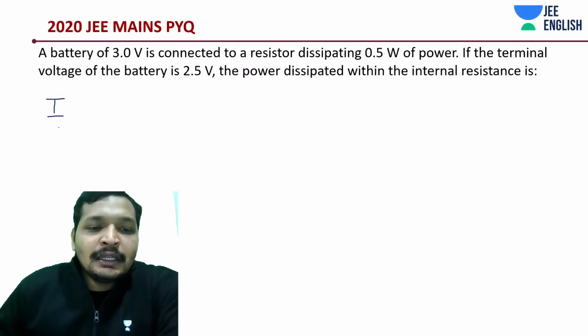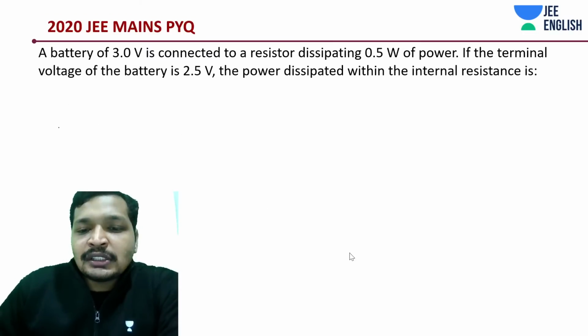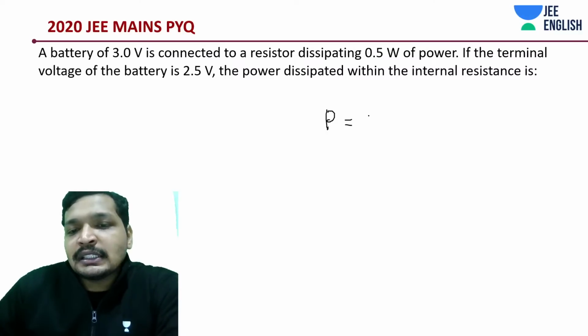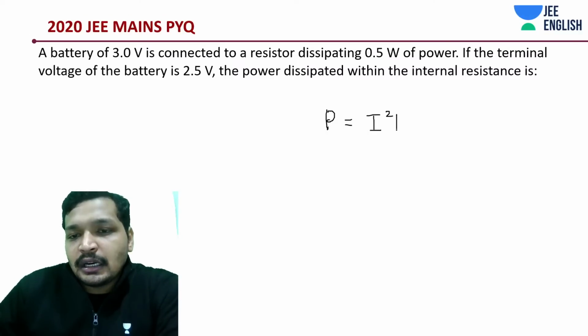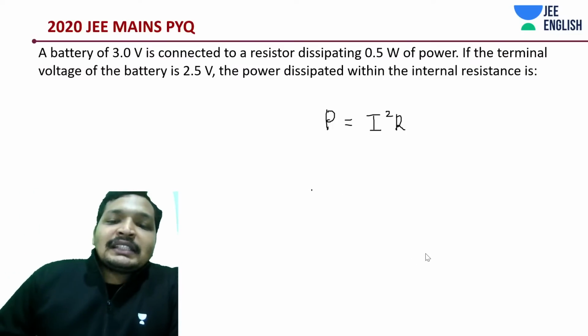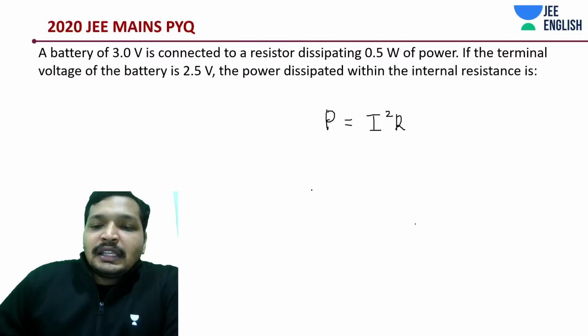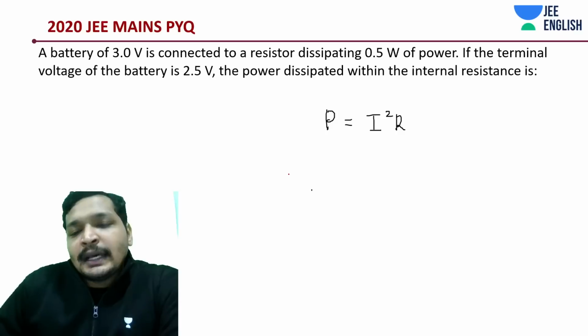Okay, before that, let me explain this thing. What is the power dissipated across any resistor? Power dissipated across any resistor is I square R. Be it R external or R internal, that is going to be the same. I'll come to the current point.